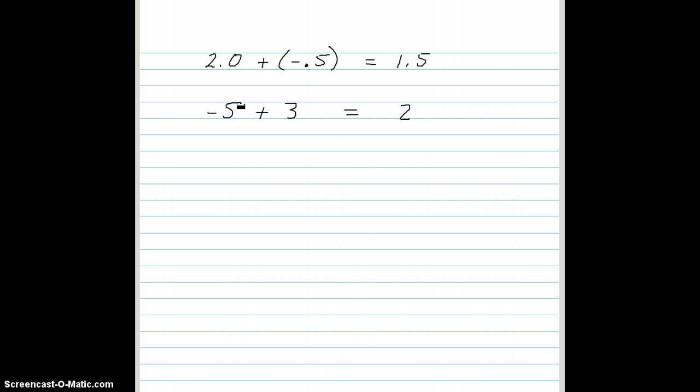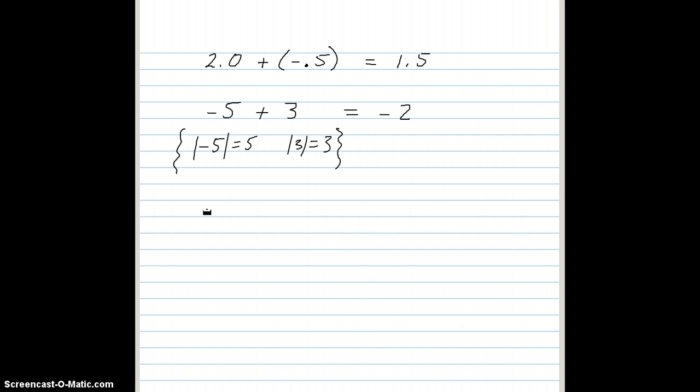Bigger in terms of its, what we say, absolute value, right? The absolute value of a negative 5 is 5. The absolute value of 3 is 3. So sort of in my head I'm saying the 5 is bigger than the 3, so I'm going to take that sign, so this will be a negative 2.